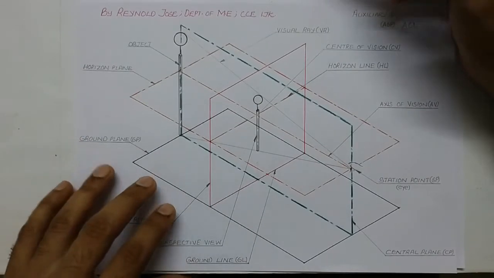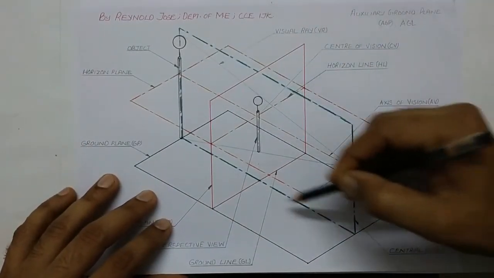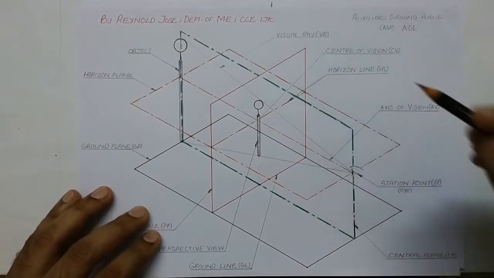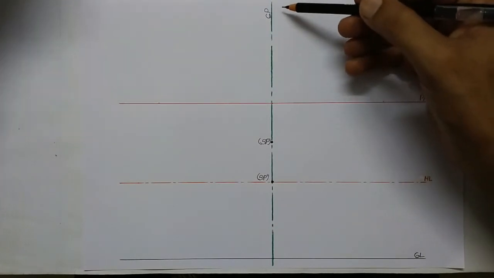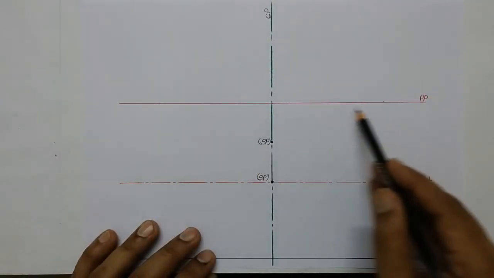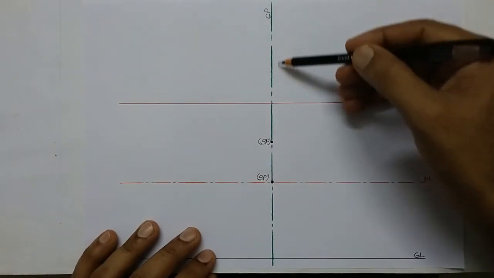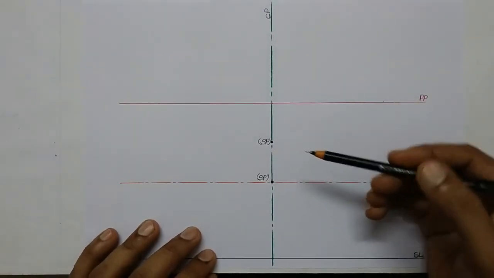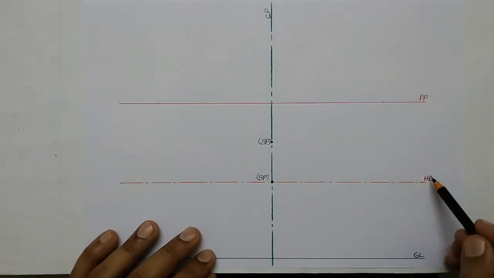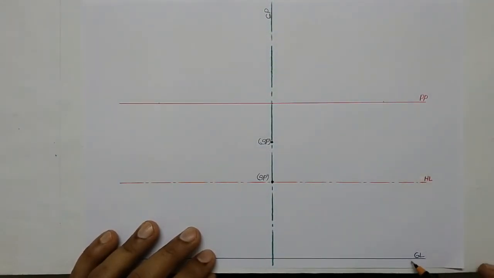So the central plane is a plane which is commonly visible both in the front view and in the top view. That is why I have drawn it throughout the length of the page. So here this represents the picture plane in the top view, and this represents the central plane in the top view. So central plane CP, picture plane PP, horizon line HL, and ground line GL.